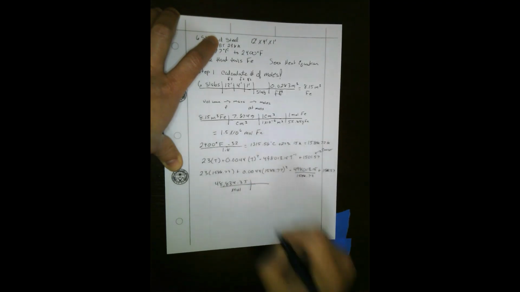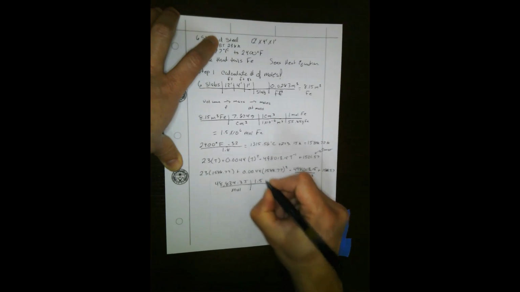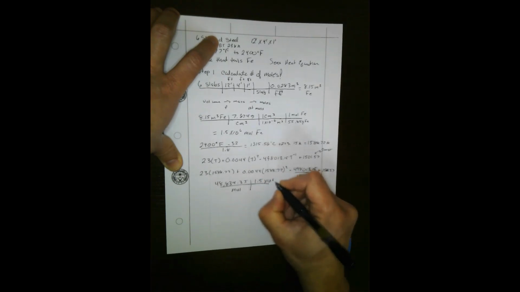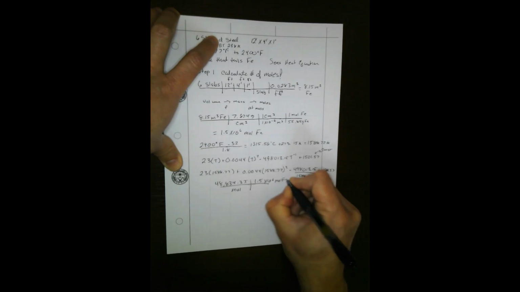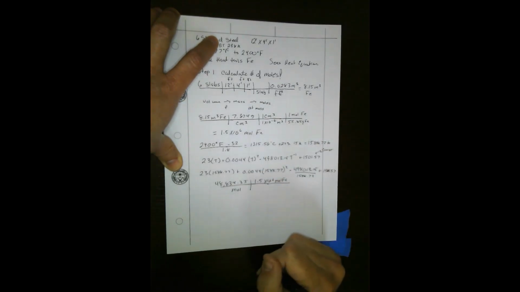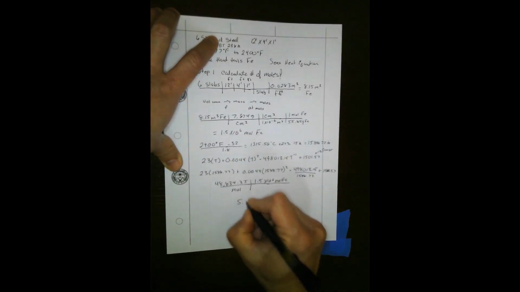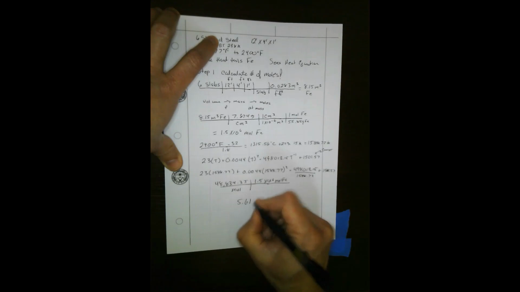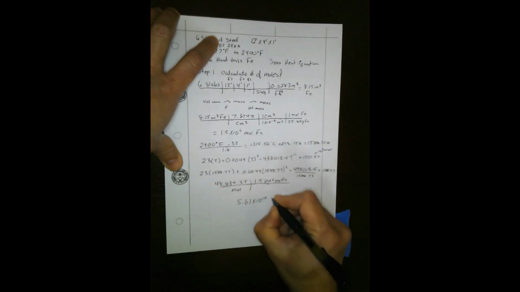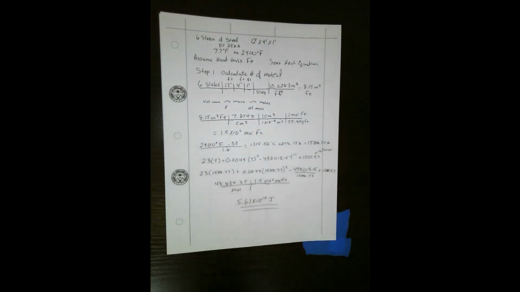And then we multiply that by 1.5 times 10 to the 6 moles, and we're assuming iron this time. We got the sensible heat of iron, and I got 5.61 times 10 to the 10 joules. Lots of heat there to heat these slabs up.